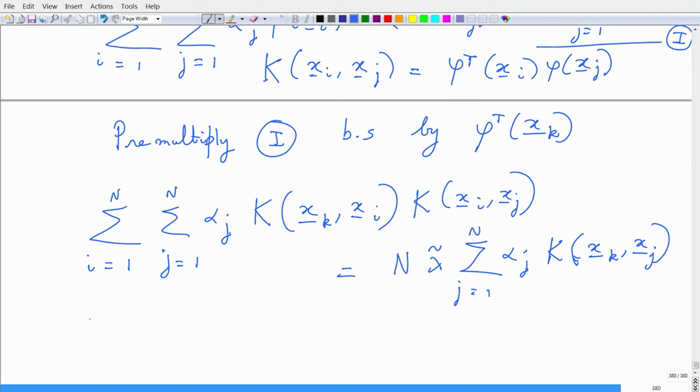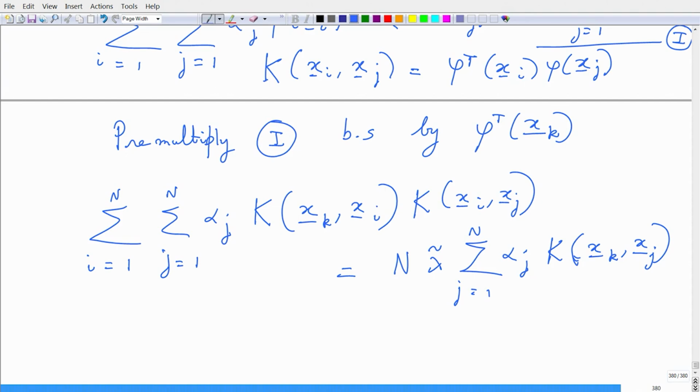Now this kernel matrix can be computed for all possible pairs of points xi, xj, where i and j go from 1 to n. So by computing the kernel matrix or the gram matrix, I can pull the elements that I need in this computation.